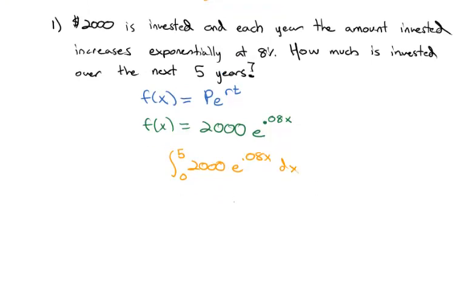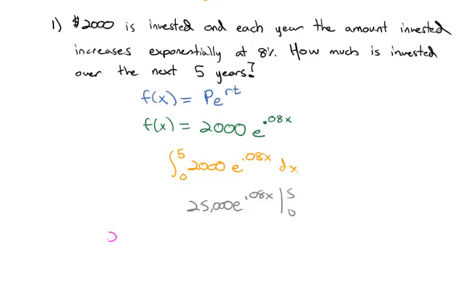Well, we have e to the 0.08x, and then we divide by 0.08. And let's see if 2,000 divided by 0.08 is a pretty number. It is. It's 25,000. So we'll go with the pretty number. If it wasn't a pretty number, I'd keep it as a fraction. And we're going to integrate this from 0 to 5.